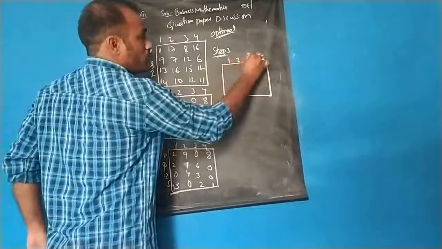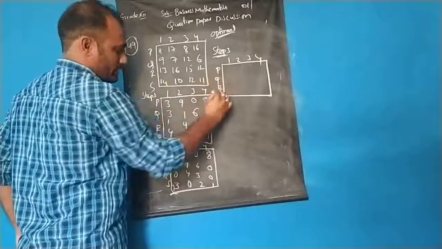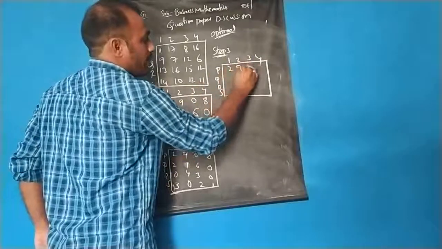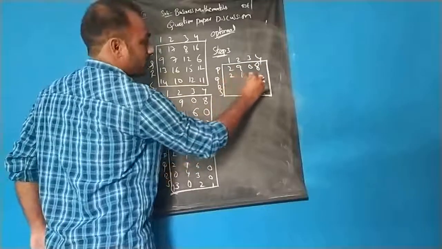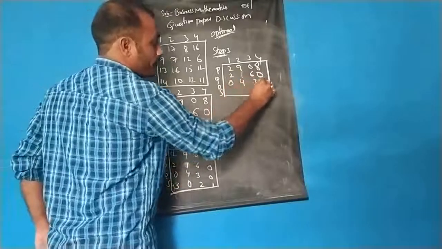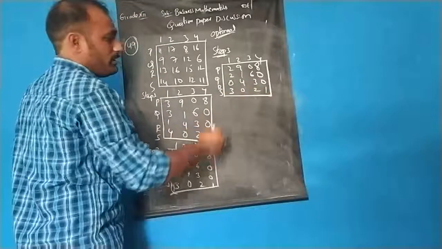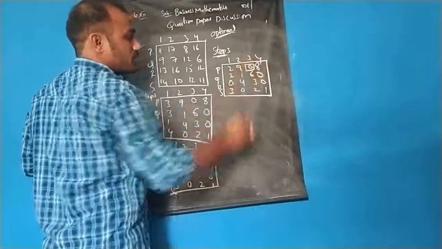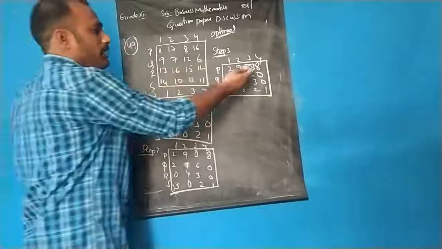So here it is 1, 2, 3, 4 and P, Q, R, S. The values are 2, 9, 0, 8, 2, 1, 6, 0, 0, 4, 3, 0, 3, 0, 2, 1. In this row we have only one 0, so we can put it in a box.